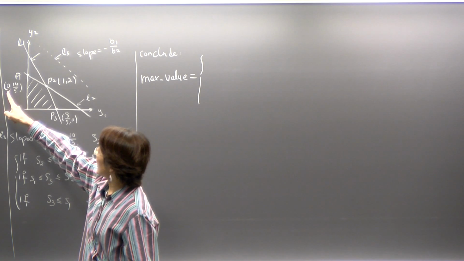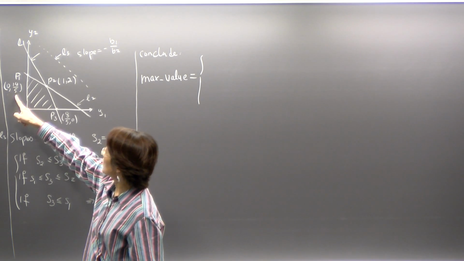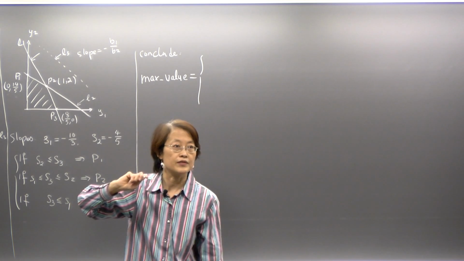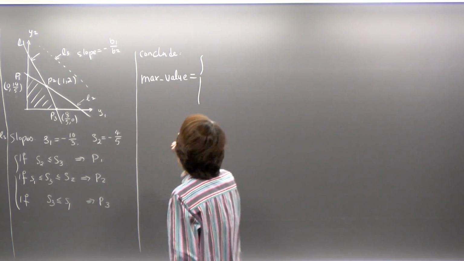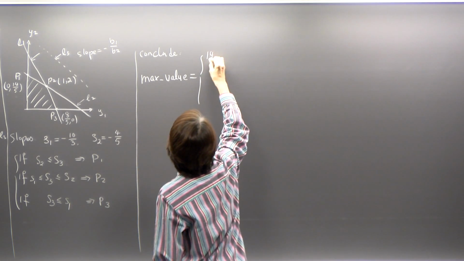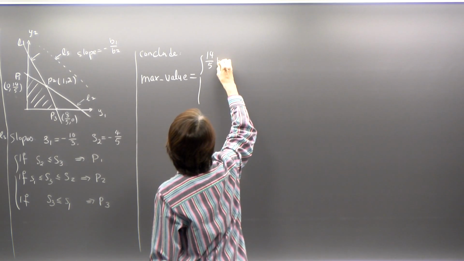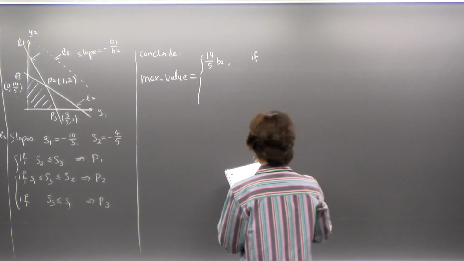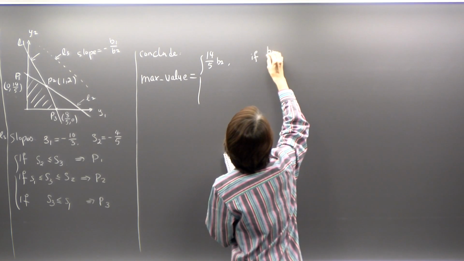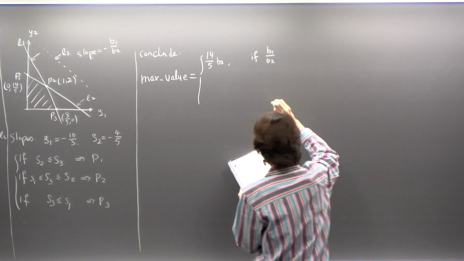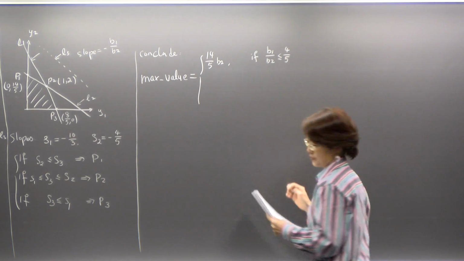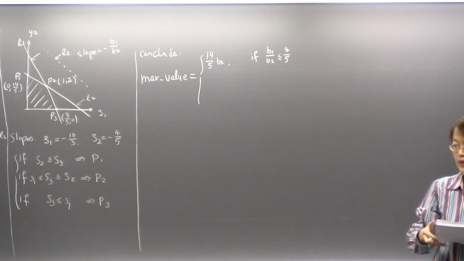At P1, I have y1 equals 0 and y2 equals 14 over 5. So I get B2 times 14 over 5. Is that clear? So it will be 14 over 5 B2 if, so let's state this slope, the ratio here is less than that ratio. So it's less steep, so it's bigger.